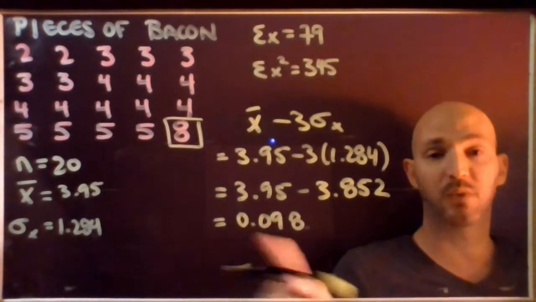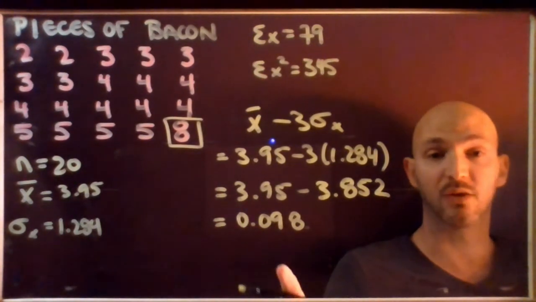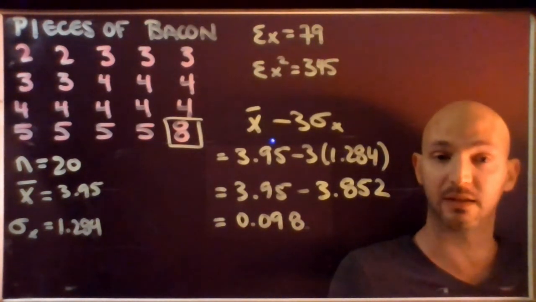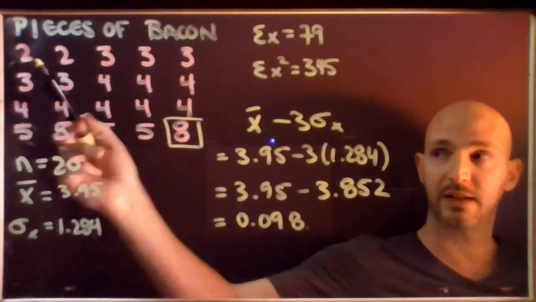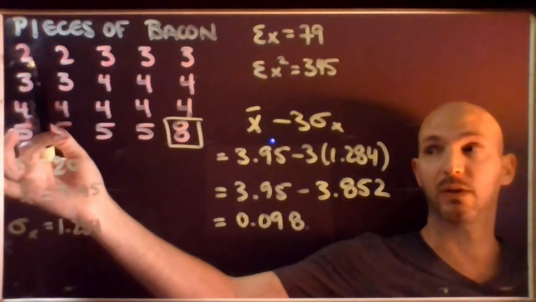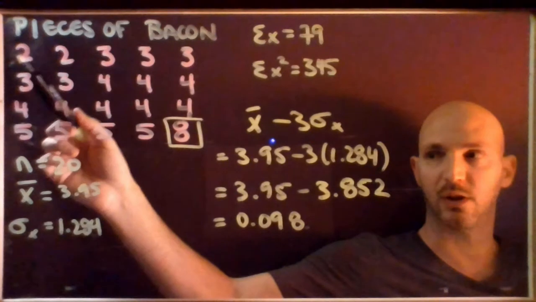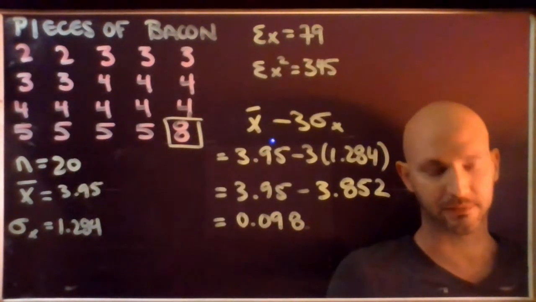So any data point in this set that is less than 0.098 could also be considered an outlier. So you check down there, and this isn't anywhere close. So there are no outliers on the low end, but there's this one on the high end.